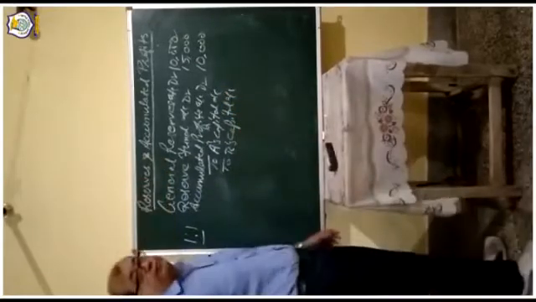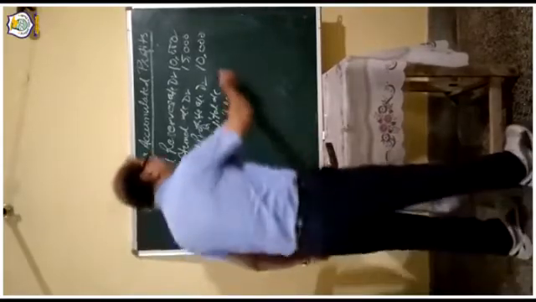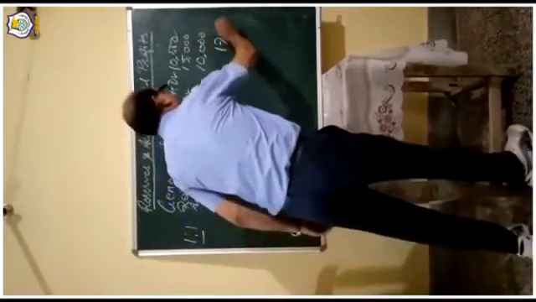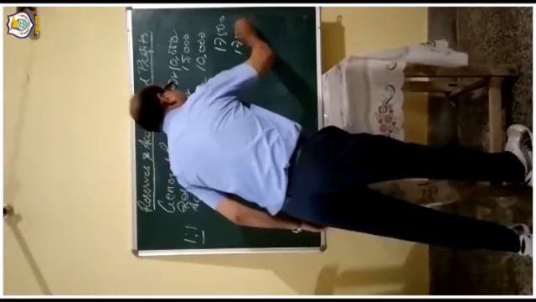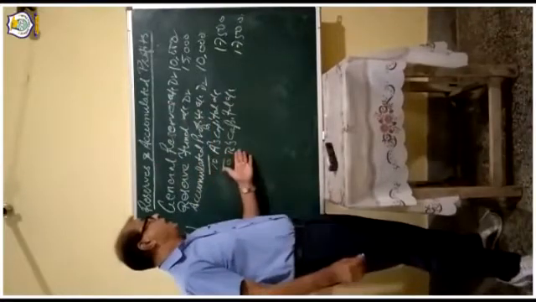Ratio is equal, so 17,500 A will get. So 35,000 we have distributed among A and B. They are credited.